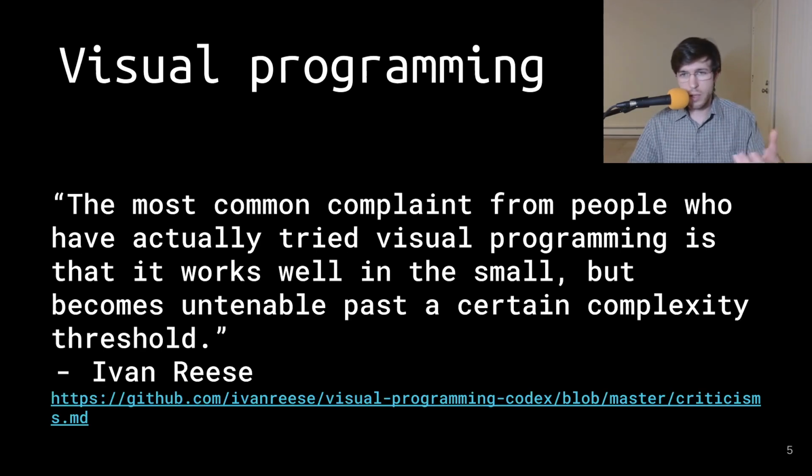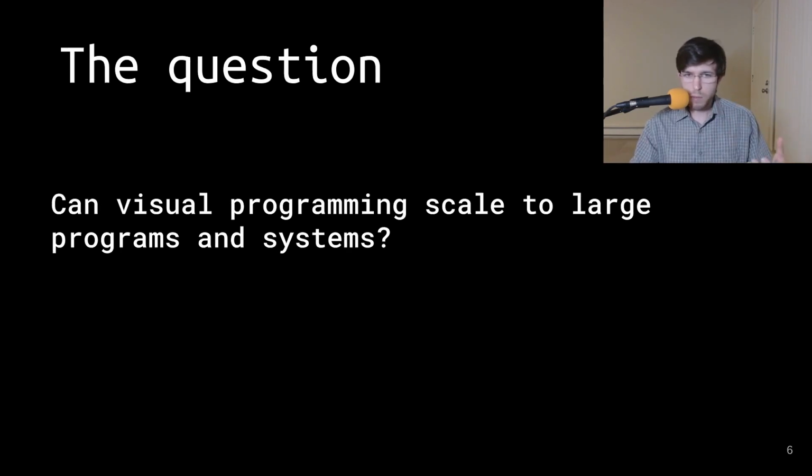But currently the issue with visual programming languages is that they don't scale, they aren't able to represent complex code or complex systems. The goal of the Glance project is to see whether we can go past that barrier and make a general purpose visual programming language.